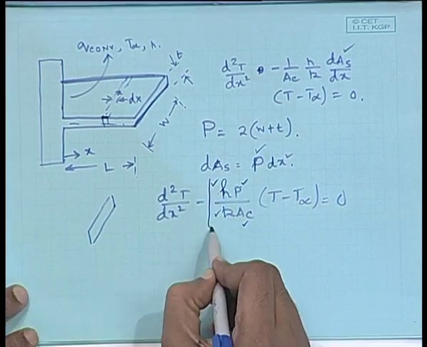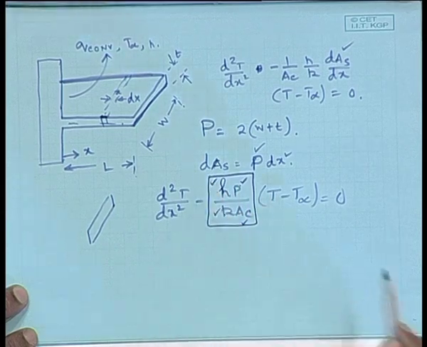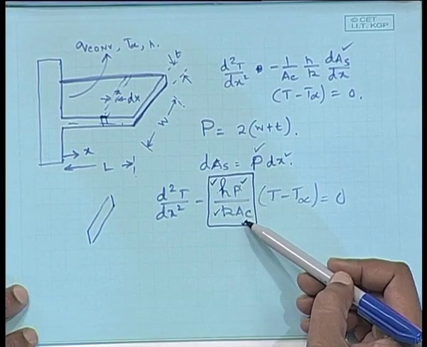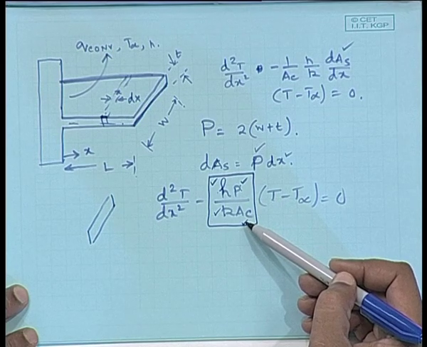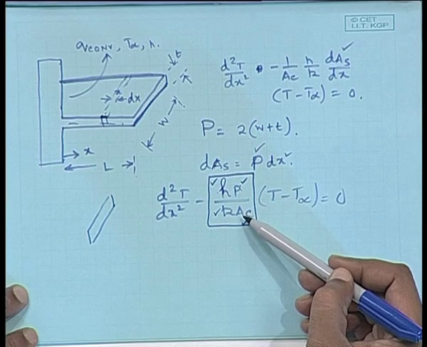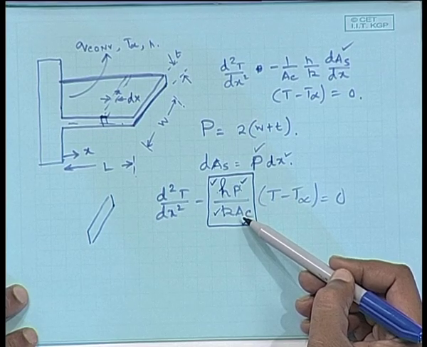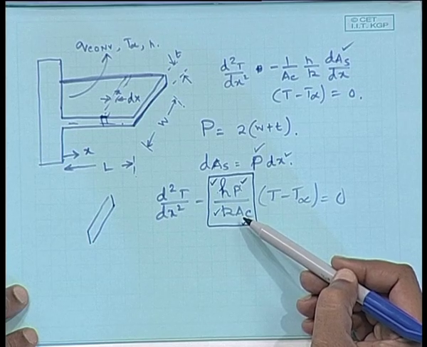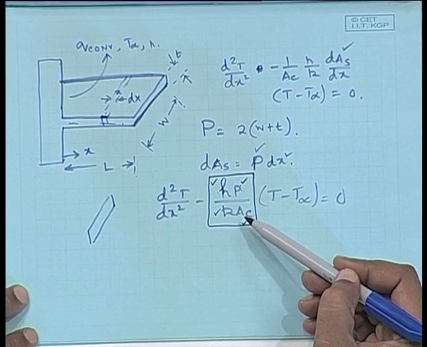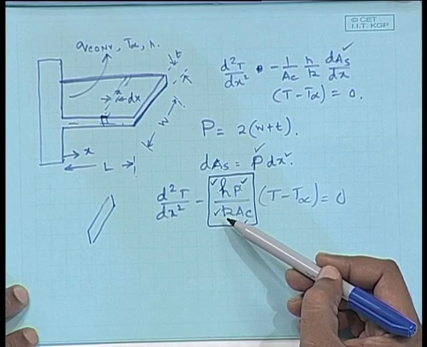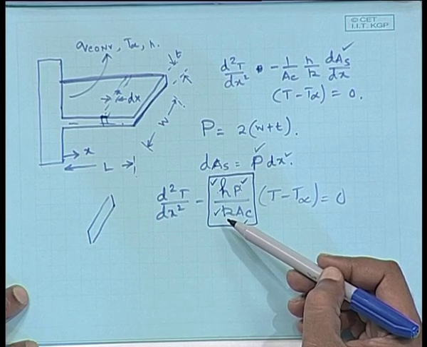This is going to be extremely important. So, I am going to repeat it one more time. Perimeter and Ac, these are geometric parameters of the fin. They would govern how the fin would look like, how you are going to manufacture the fin, what would be its shape, length, etc. If you think of k, that would specify the material of the fin, what kind of material you would choose for the fin.